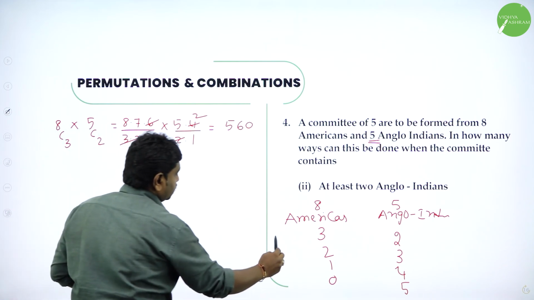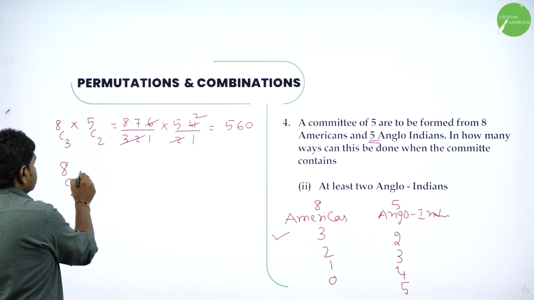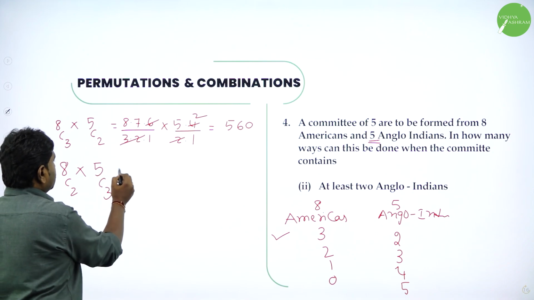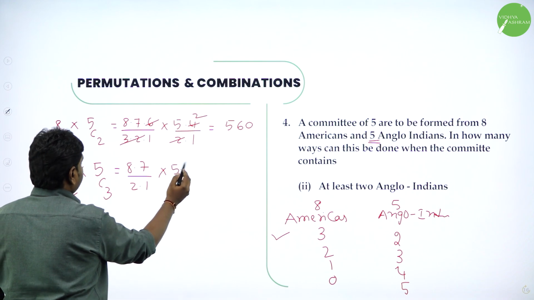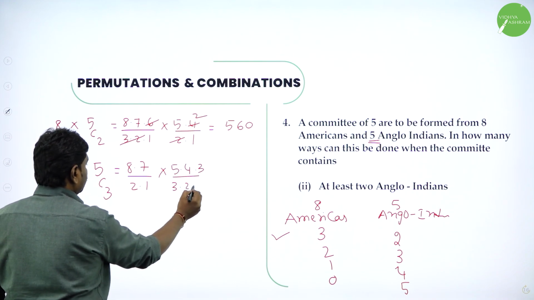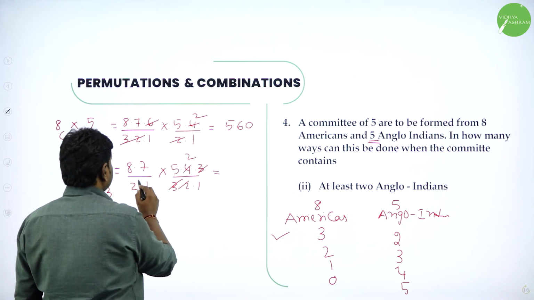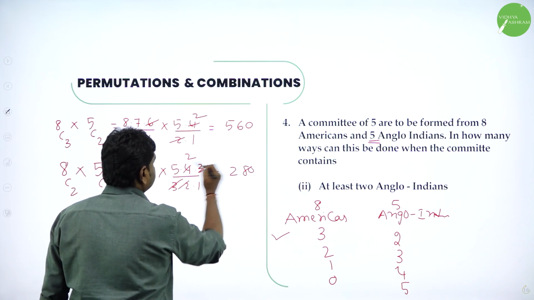First case is done. Second case, out of 8 Americans, select 2 Americans, and out of 5 Anglo-Indians, select 3 Anglo-Indians. 8C2 is 8 into 7 divided by 2 into 1. 5C3 is 5 into 4 into 3 divided by 3 into 2 into 1. 3 3 cancels, 2 1s are 2, 2 4s are 8, 7 4s are 28, 280.